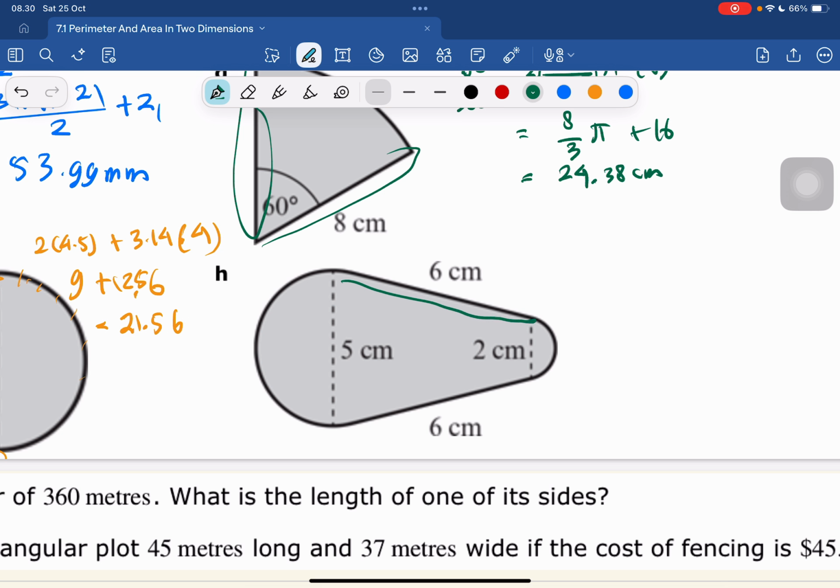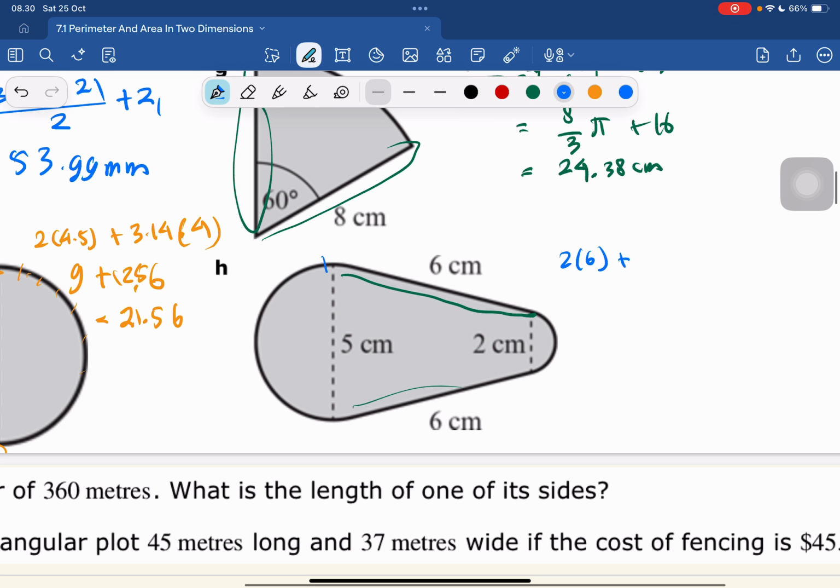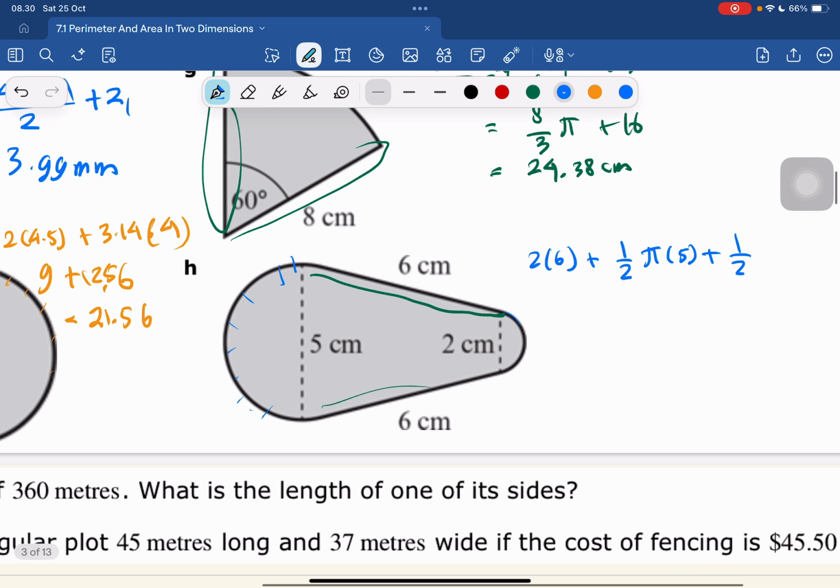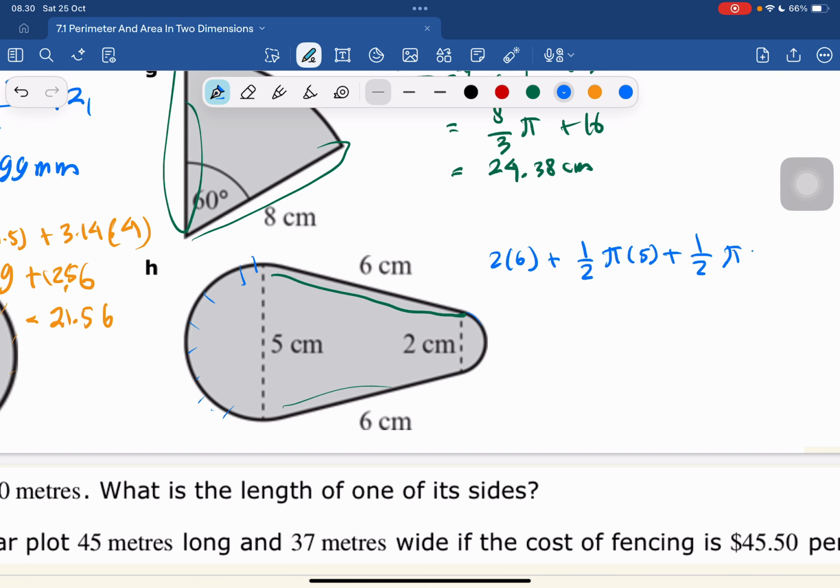Okay, this line is 6, 6. So we got 2 times 6. And then here is a half of a circle. So we can make it a half of the perimeter. So pi multiplied by 5, plus a half again of a circle, multiplied by 2.